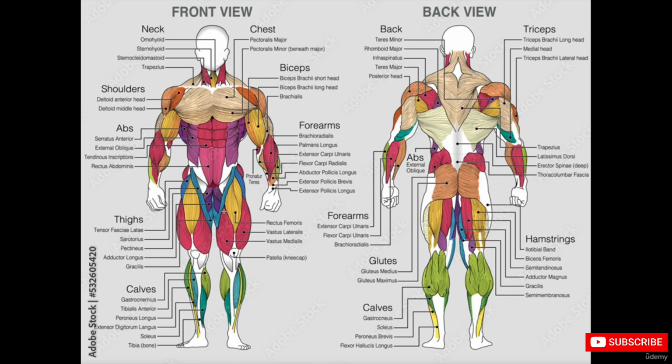I recommend doing the RDLs to train your glutes and hamstrings. And next, you're going to be training calves, either standing calf raises or on the calf raising machine, whatever you want to do. Just make sure that your legs are straight, and that's it.